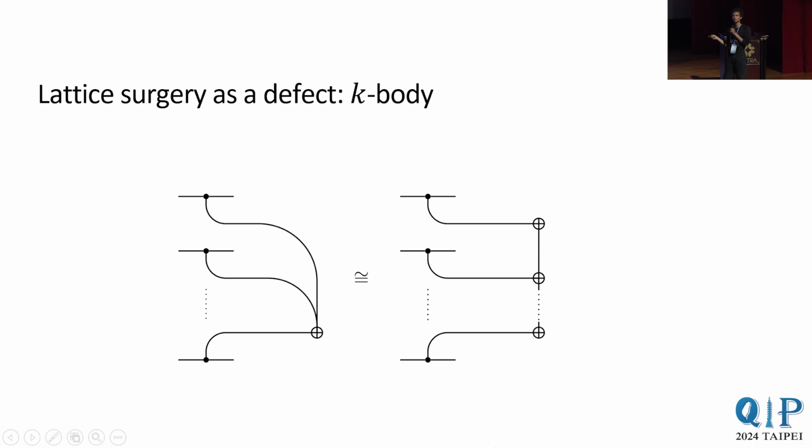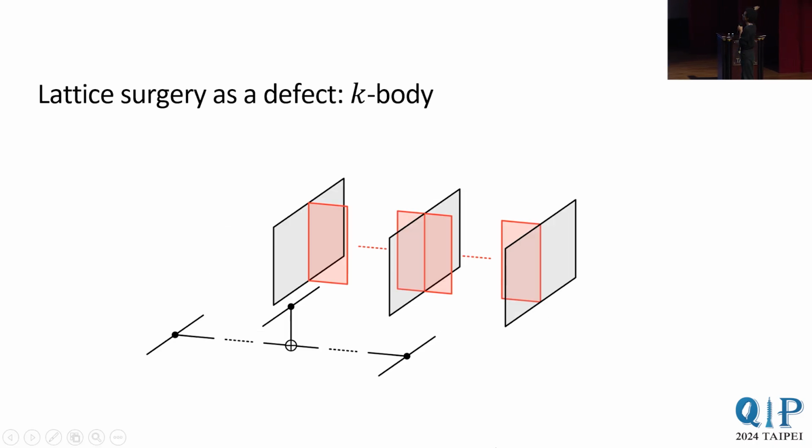Great, now we can use the same insight as we had in the classical case, where we can take this cross defect and break it down into essentially a series of repetition codes. This gives us a recipe to implement k-body checks. If you have a k-body check, you can break it down into this string of cross defects.